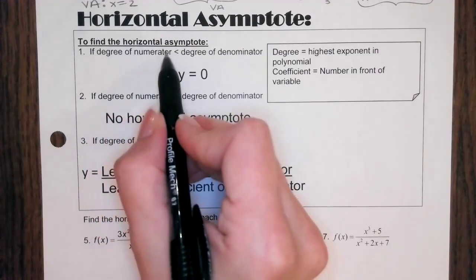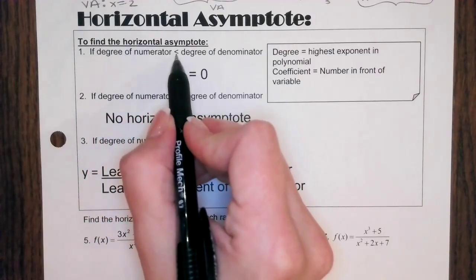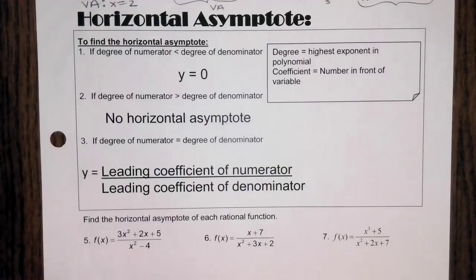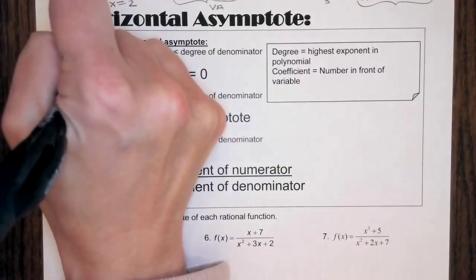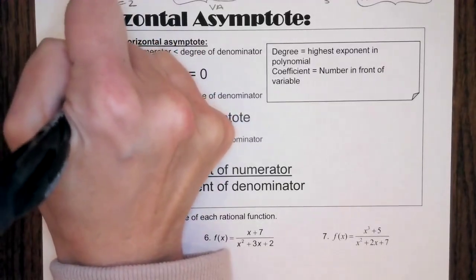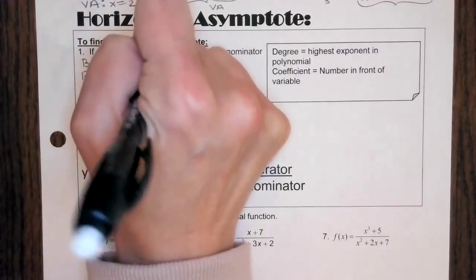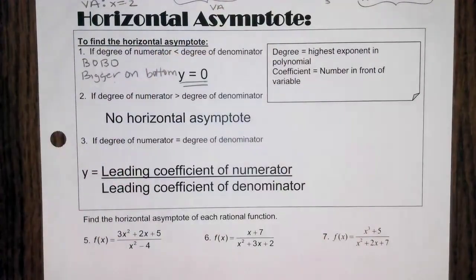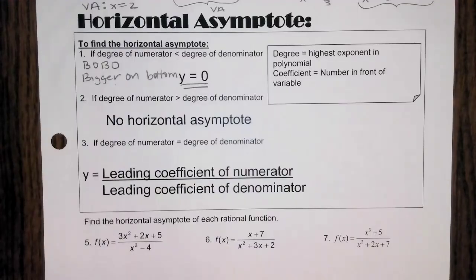So if the highest exponent of the numerator is less than the highest exponent of the denominator, then it is y equals 0. You'll hear me refer to that as BOBO. Bigger on bottom, y is equal to 0. Okay? So BOBO, bigger on bottom, and then we're talking about the highest exponent. So if the highest exponent is bigger on the bottom, then it is y equals 0.